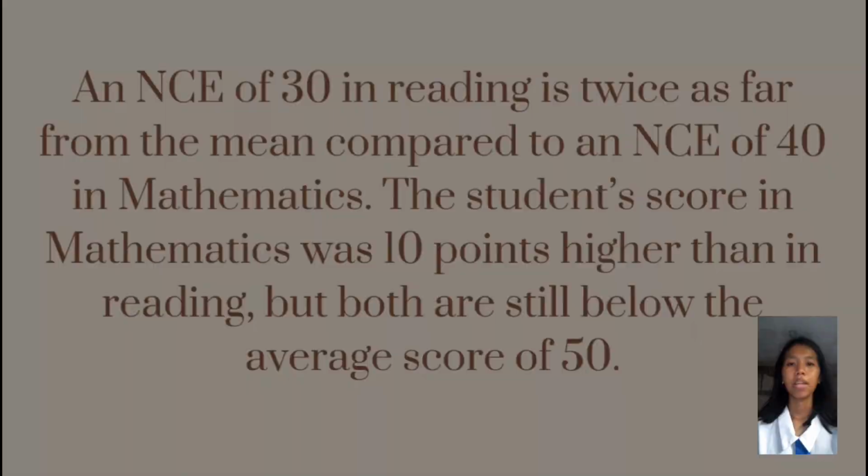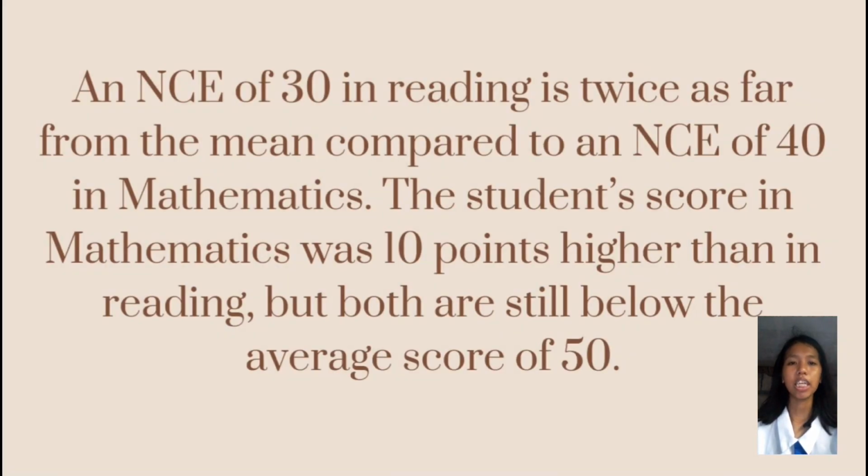For example, an NCE of 30 in reading is twice as far from the mean, because our mean is 50. Thirty plus 10 points plus 10 points brings you to 50. It is twice as far from the mean compared to an NCE of 40 in mathematics, which is 10 points from the mean.